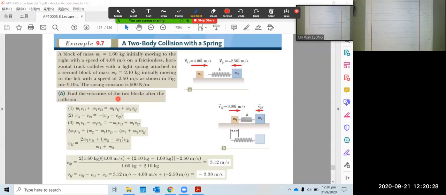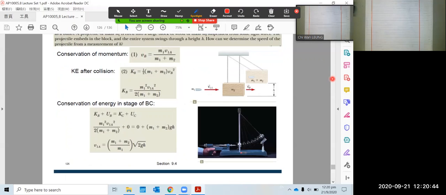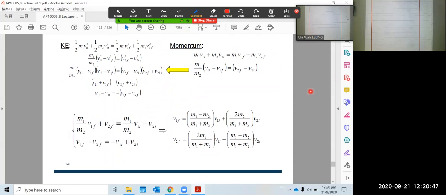So the equations we could set up are, first one, conservation of linear momentum: initial momentum equals final momentum. The second equation comes from the equation here, which is obtained based on the conservation of mechanical energy and the conservation of linear momentum.